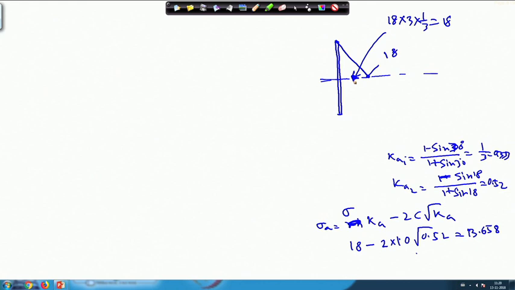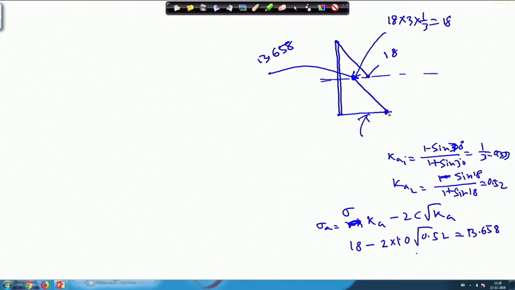13.658 will be somewhere here. Now, from here the second layer pressure diagram will increase further with h, increasing this way, and this value will become 43.298.